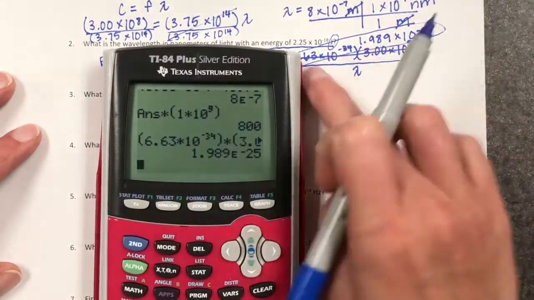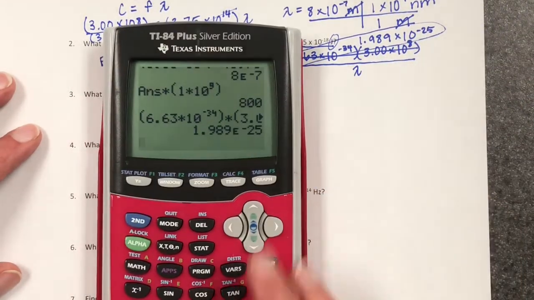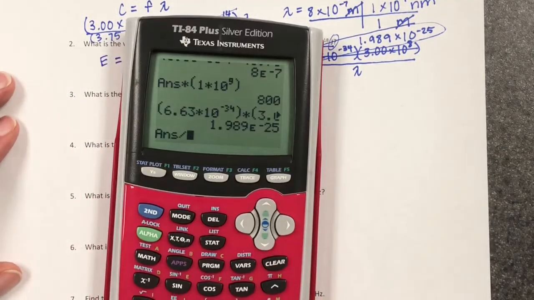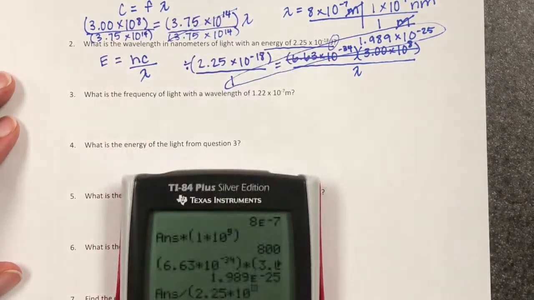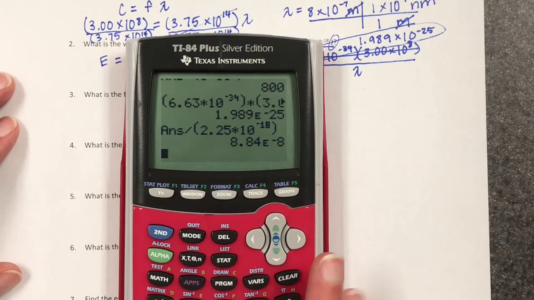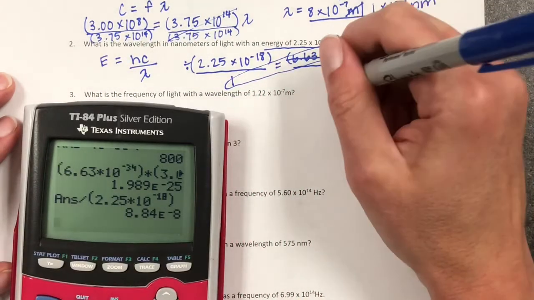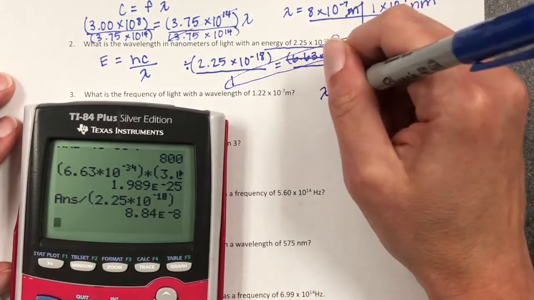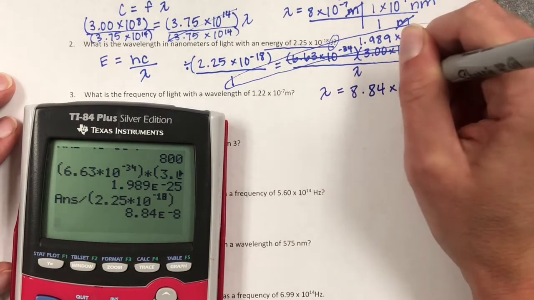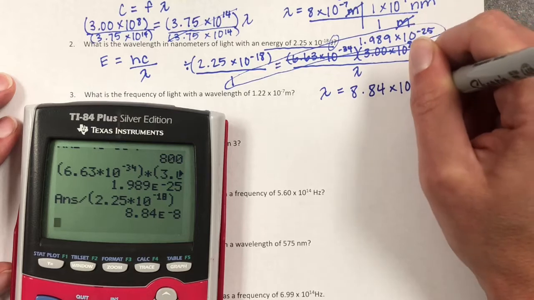So I'm going to take my cross multiplication product, and I'm going to divide it by 2.25, and again, it needs to be within its own set of parentheses, 2.25 times 10 to the power of negative 18. And when I do that, I've gotten an answer for wavelength. So my wavelength is equal to 8.84 times 10 to the power of negative 8 meters.